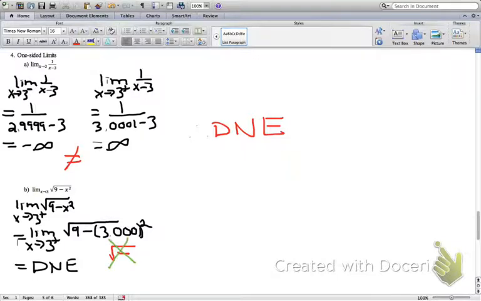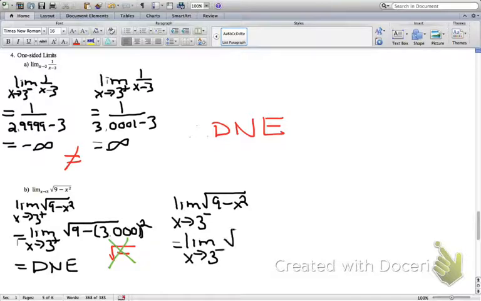However, we're going to look at the limit of the root of 9 minus x squared as x approaches 3 from our negative side. When we do that, we're going to sub in a value that is really, really close to 3.